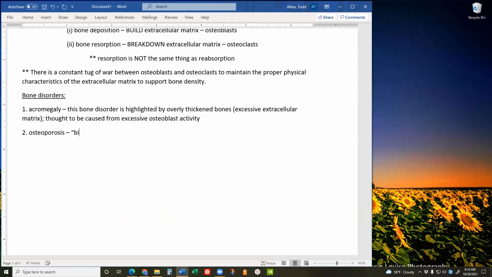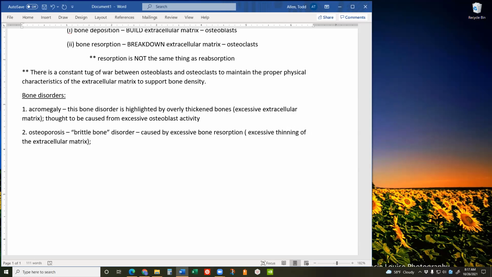This is sort of a brittle bone disorder, which is caused by excessive bone resorption or excessive thinning of the extracellular matrix.